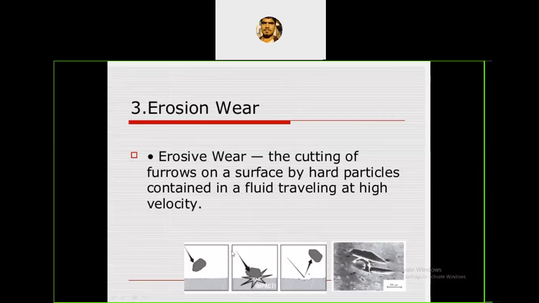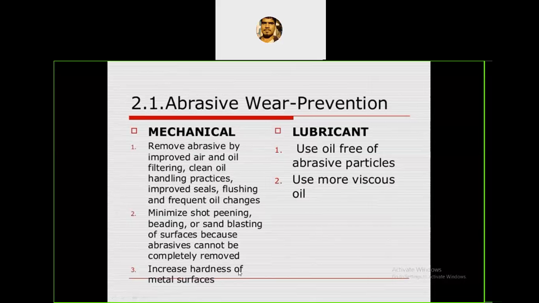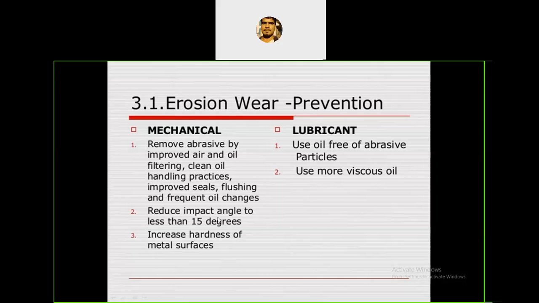Clear? So you have to reduce the impact angle, and increase the hardness of the metal surface. That is another way of prevention: by increasing the hardness, the surface will absorb whatever vibrations and energy are hitting it, so that ultimately it won't produce any indentation or scratches. That is what we discussed in the hardness test, correct?